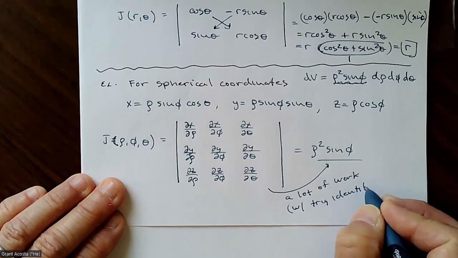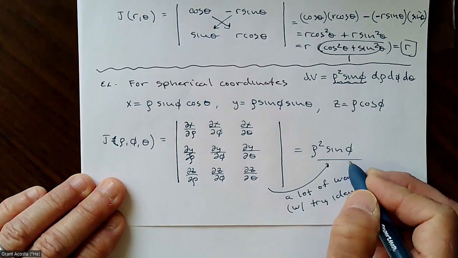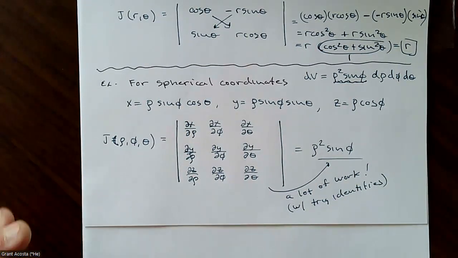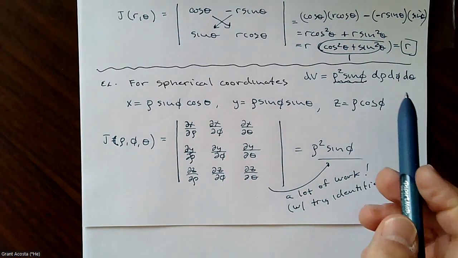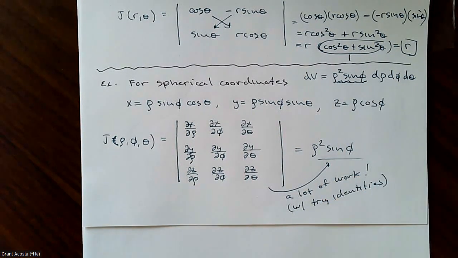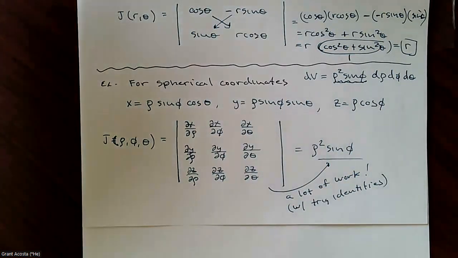Don't forget to use those to simplify it. And you will get this, which shows why with spherical coordinates we have to have that rho squared sine phi. That's the term that describes the expansion or contraction, in this case, of volume for each little unit of volume. So you can try that if you want.